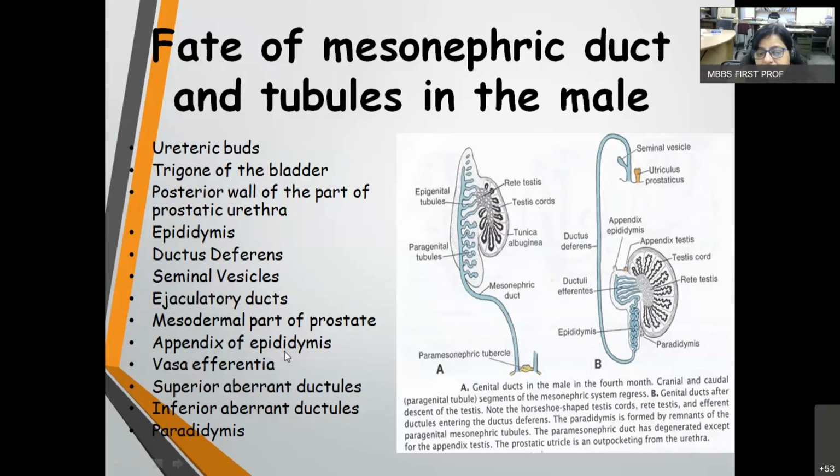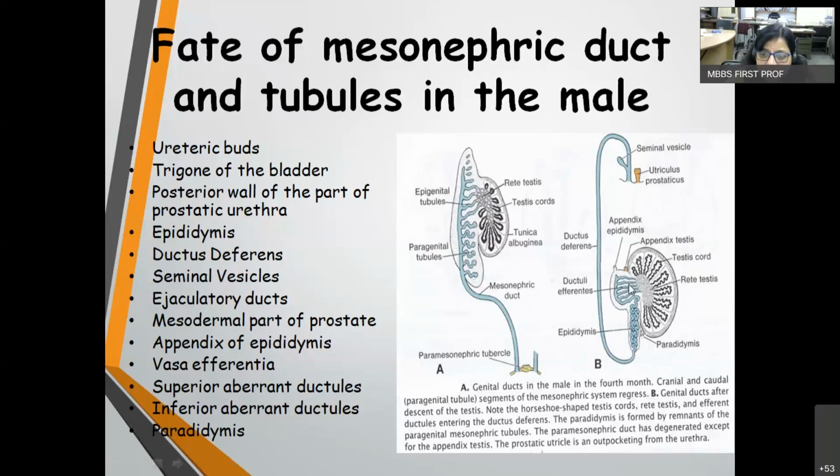Then there is the appendix of the epididymis, vasa efferentia, and in males, there are superior and inferior aberrant ductules along with the paradidymis. Paradidymis is present in the gap between the testis and the epididymis, lying by the side of the epididymis.